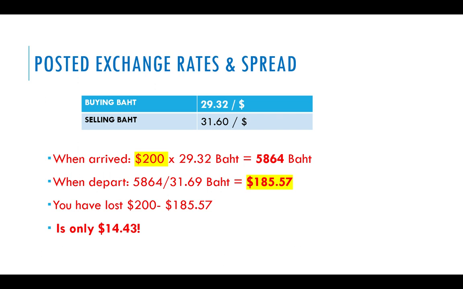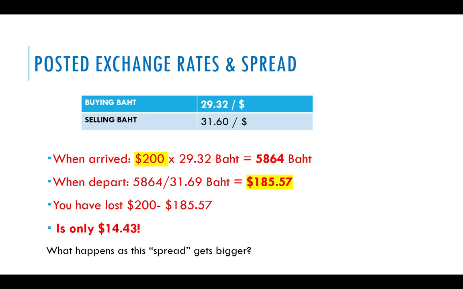But in case I forget to tell you later, you're only going to be able to exchange back your bills. You're not going to be able to exchange back your coins. So spend your coins or bring them home for souvenirs. They will only take your bills. So my question is then, what happens as the spread gets bigger?